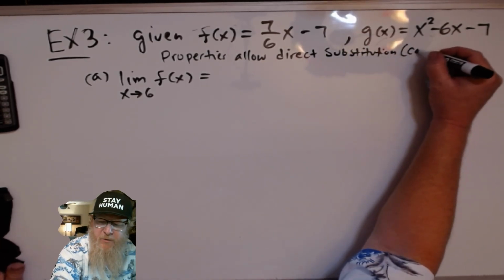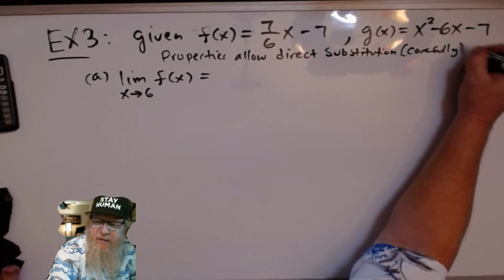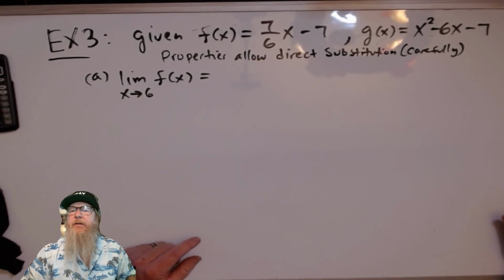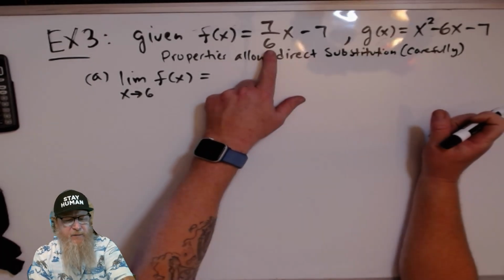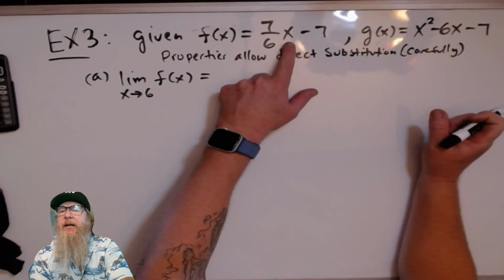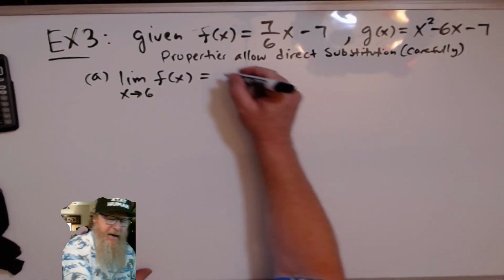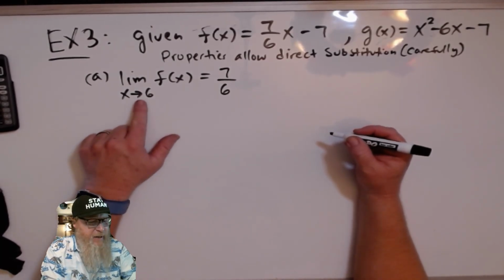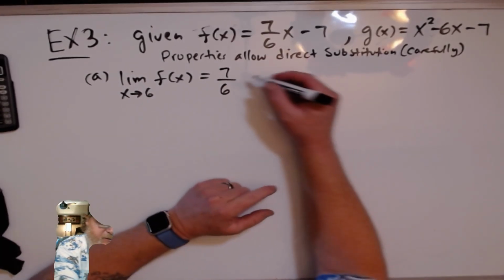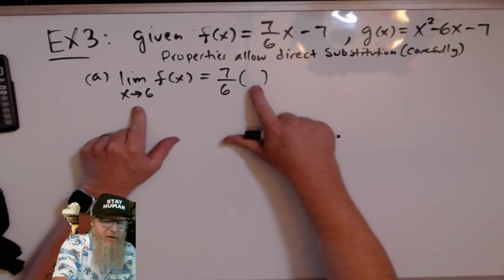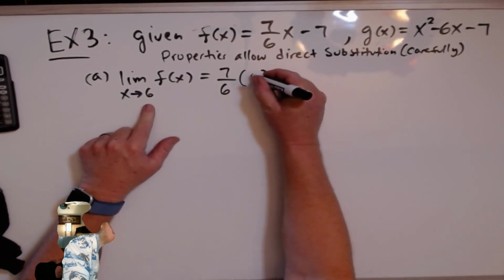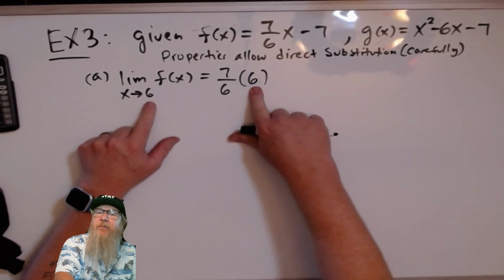Now you do have to do it carefully, because you have to make sure that you're not violating any of the properties. So I have a constant. I have an x. So I can pull the constant out, and then I can apply the limit to the x. But property number 2 says when you apply a limit to an x, you just replace the x with whatever the limiting value is, which in this case is 6.